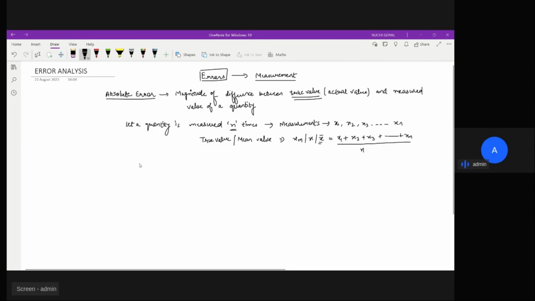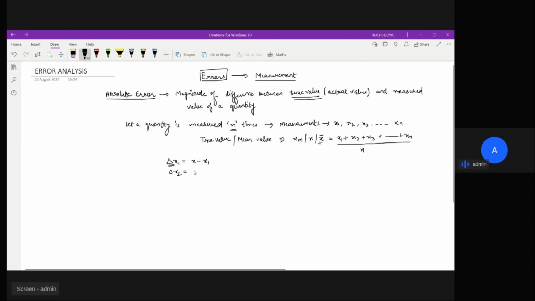So these are the absolute errors, right? How can we find them? The difference between the actual and measured value. Firstly, for x1 we can write it as delta. The delta symbol is used for the error. Delta x1 will be x minus x1.